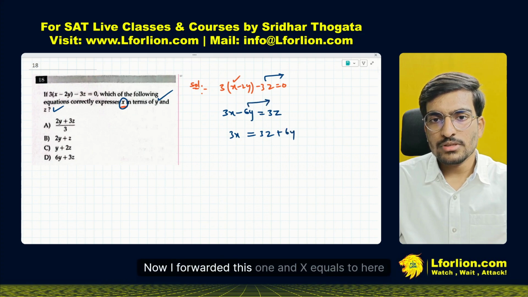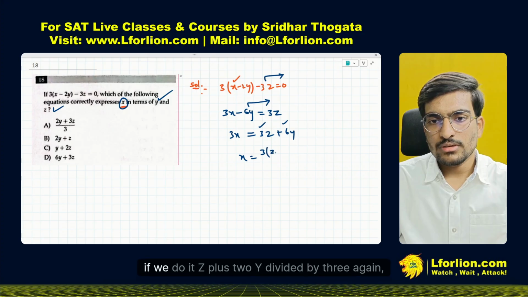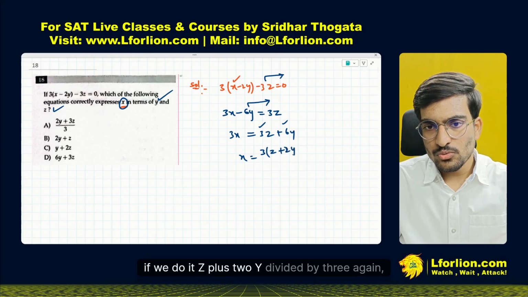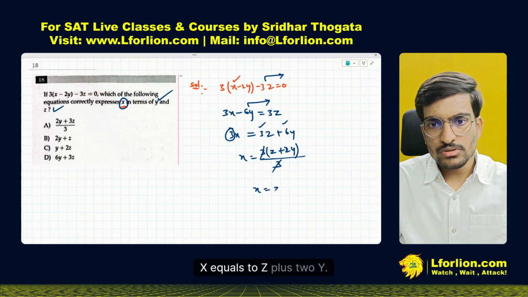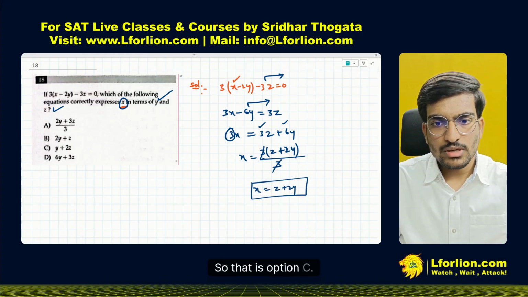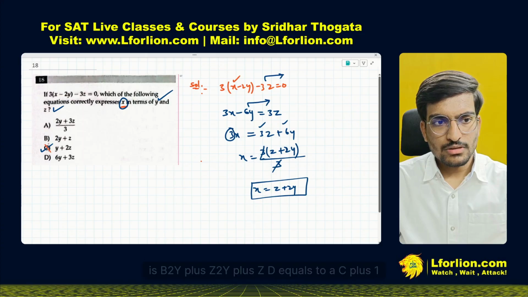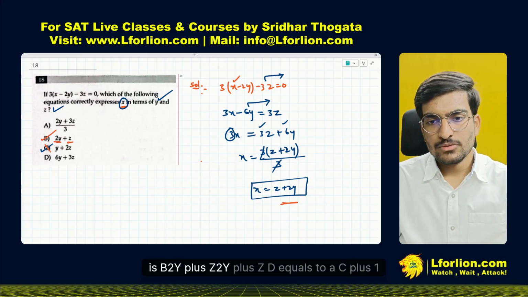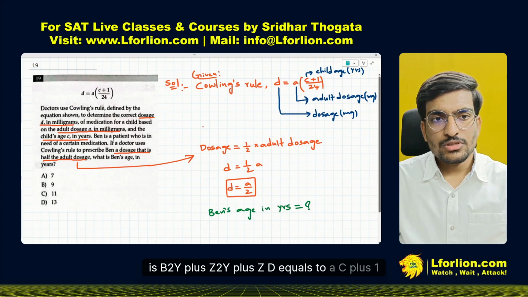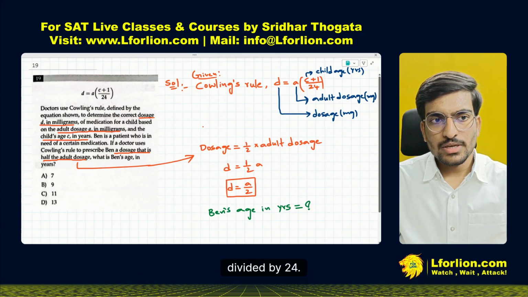Now x equals, taking 3 common, z plus 2y divided by 3, so 3 cancels out and x equals z plus 2y. So that is option C. Actually it's not C, it is B, 2y plus z.